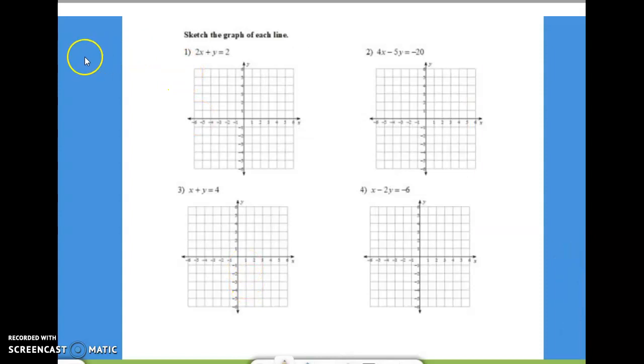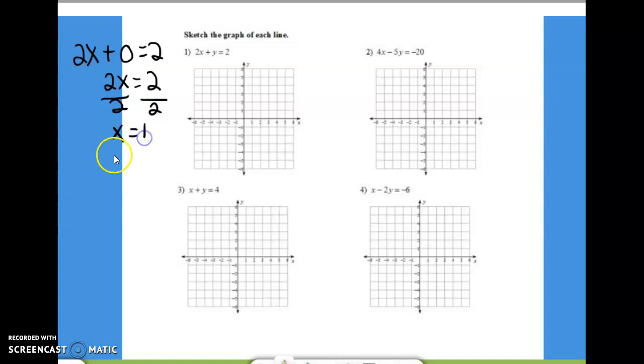All right, so we're going to look at the first one here. And we want to find the x-intercept. What do we make 0? The y. Ooh, that's a tough problem, isn't it? 2x equals 2. So x equals 1. That's the x-intercept.